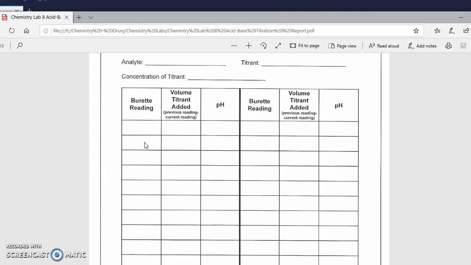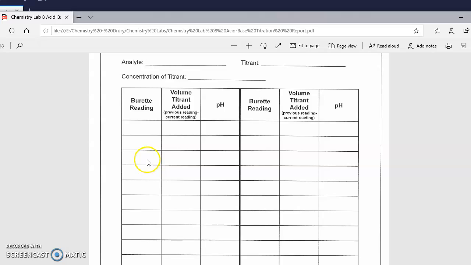Now, what we're going to do is add 5 milliliters here. I'm sorry, we're going to be adding 10. So this is going to be 35 here, 10 less. So that means we added 10 milliliters here. Once we add 10 milliliters, the pH only changes to 0.77.